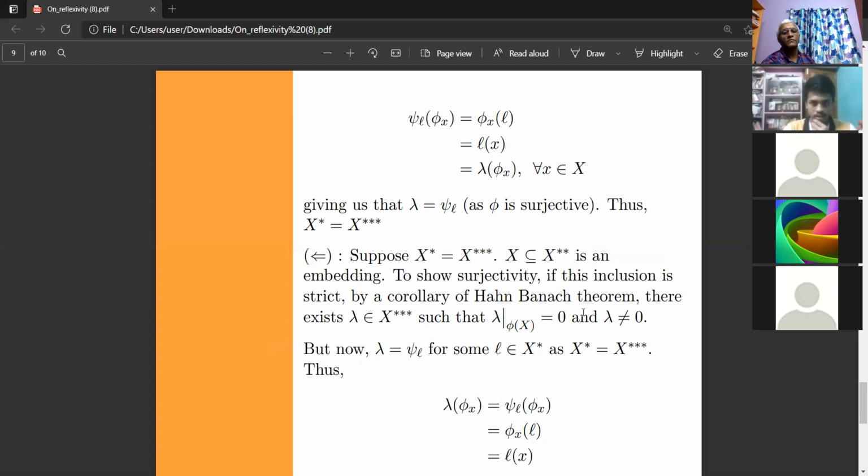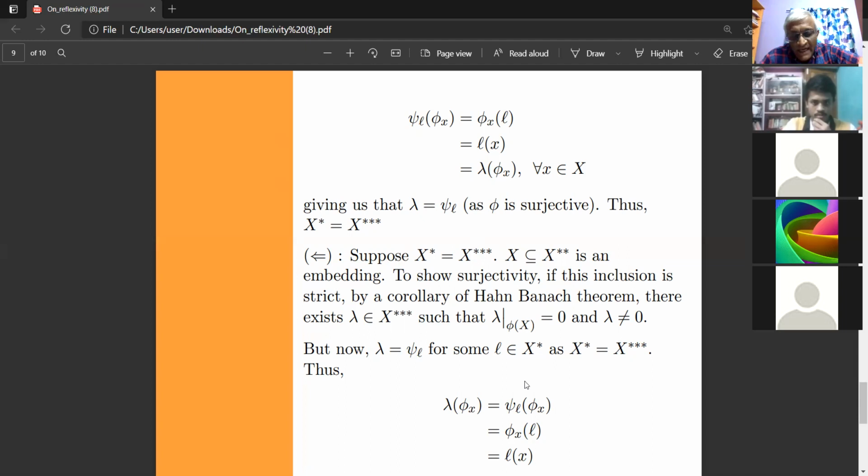Then by a corollary of the Hahn-Banach theorem again, there exists a lambda in H triple star such that lambda is non-zero, but lambda restricted to phi H is 0. But we have that this lambda is in H triple star, and by this equality we get that lambda is equal to psi L for some L in H star.